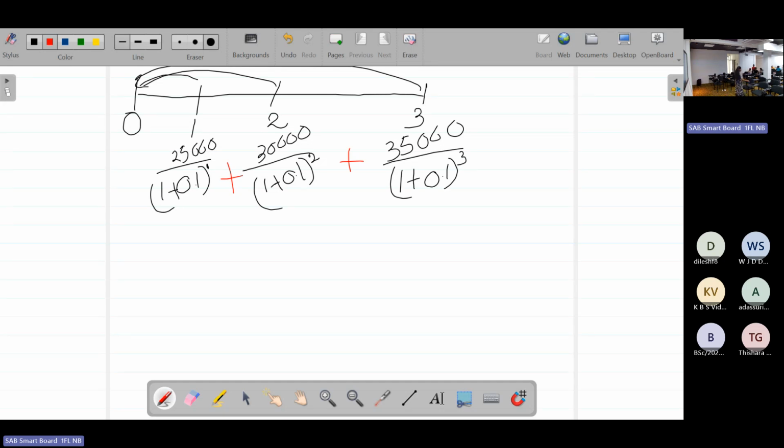Otherwise, you can stand up and do your calculations. Nothing to do. Okay, start. 1, 2, 3. I will bring the calculator next week. Second one. I will bring the calculator next week.